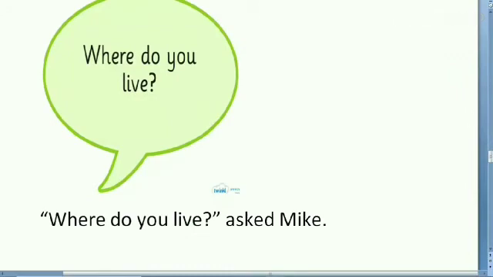Full stop. So again, speech marks. Write your question with a capital letter and a question mark. Then speech marks again. Then your verb and then the name. Mike is a name. It's a proper noun. It has to start with a capital letter and then full stop. Good job. "Where do you live?" asked Mike.